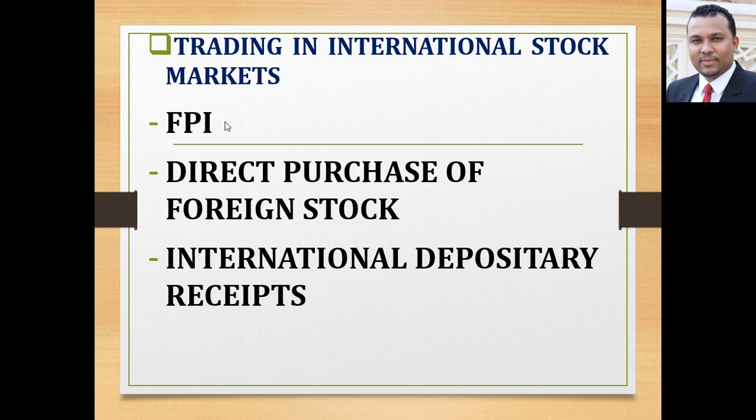The first method, direct purchase of foreign stocks. In this case, international investors can invest in stocks of foreign corporations or companies that are listed in these foreign stock exchanges, which is called direct purchase. So you can check the internet for the stock exchanges in the USA, in any country.